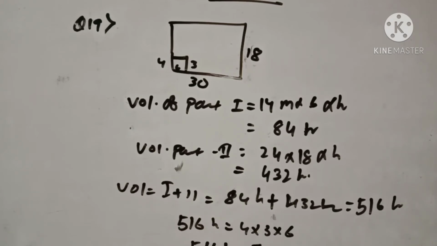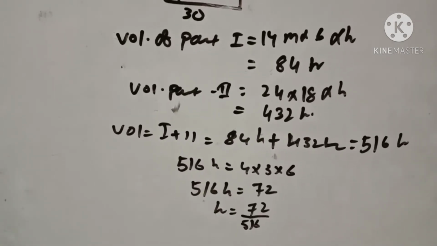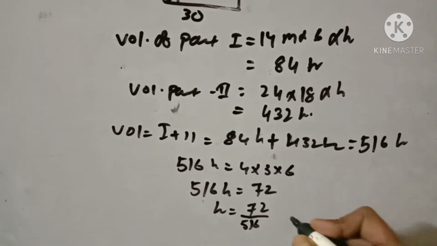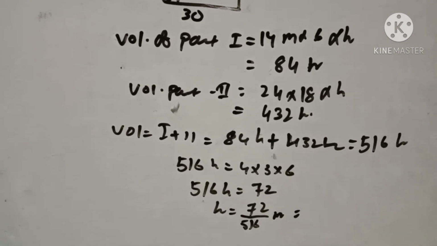Therefore h equal to 72 by 516. It will come after dividing, in the unit meter.